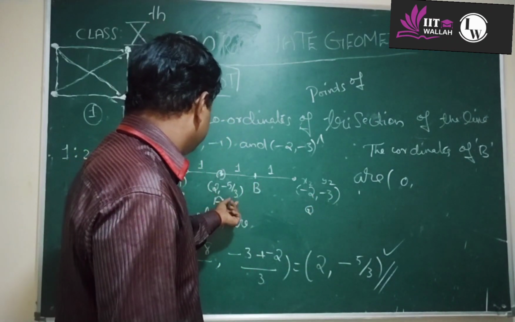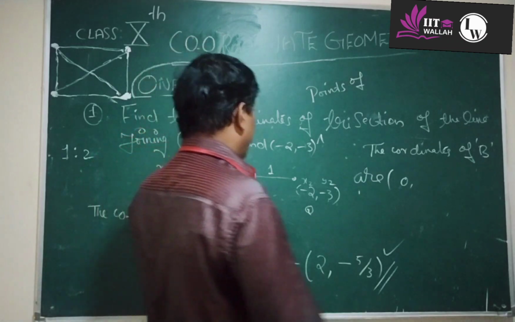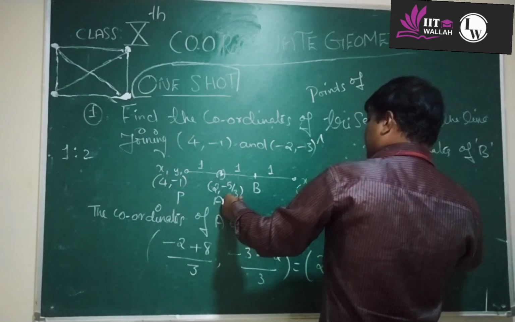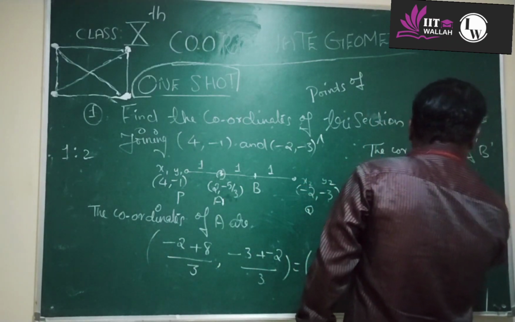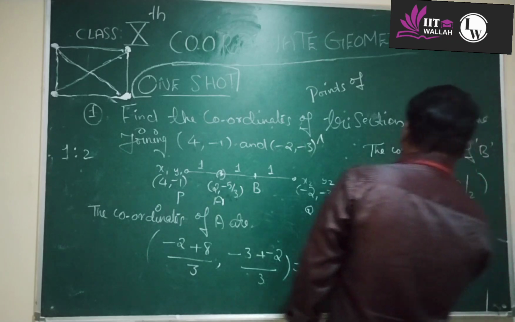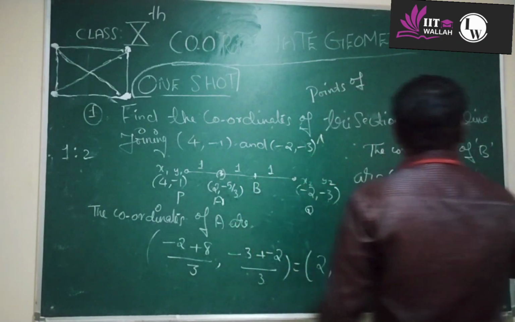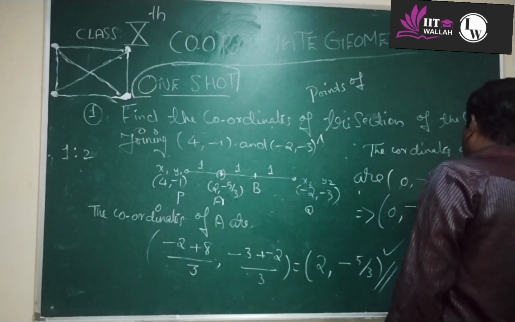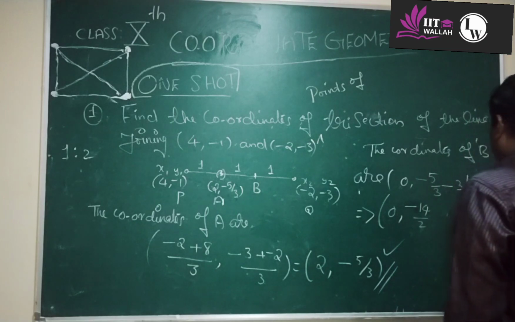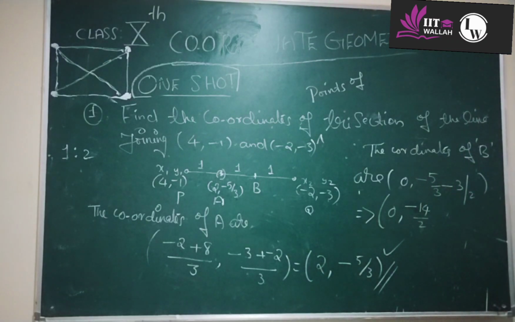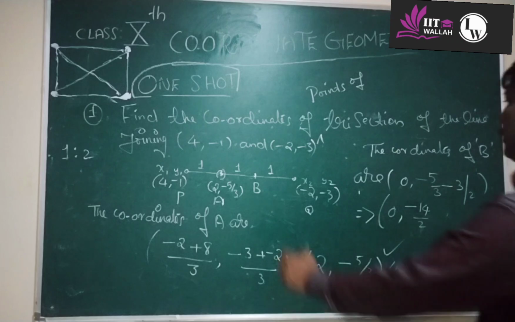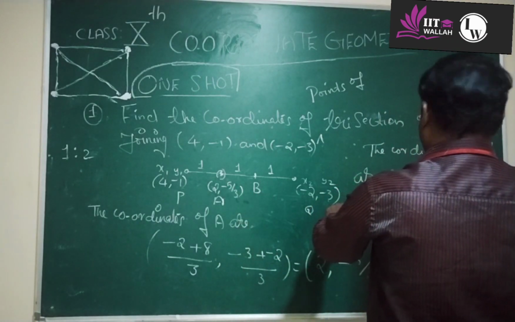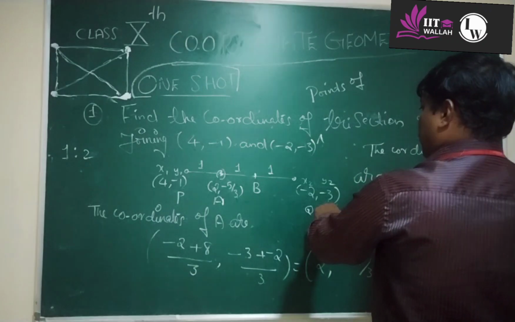That means minus 5 by 3 plus minus 3 means minus 3 upon 2. So this will become 0. This is minus 5 minus 9 is minus 14 by 2. Right? x1 plus x2 by 2, y1 plus y2 by 2: minus 5 by 3 plus minus 3 by 2.